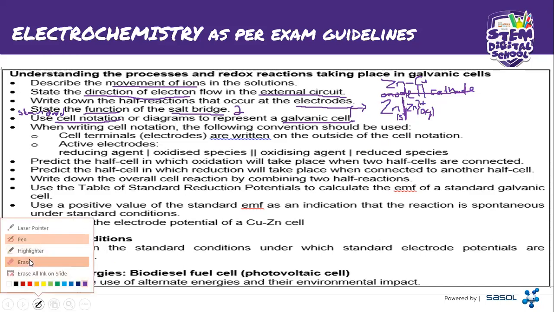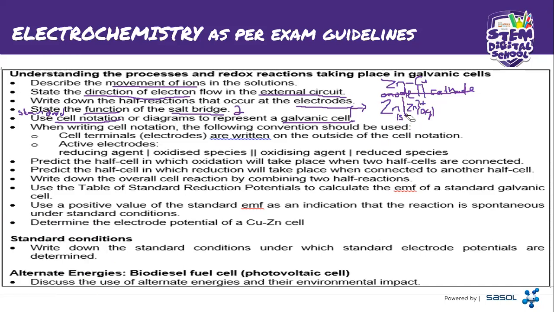Let me write it nicely for you. It represented a line of phase change because we went from solid to aqueous. Solid. And then that is what happened at the anode.